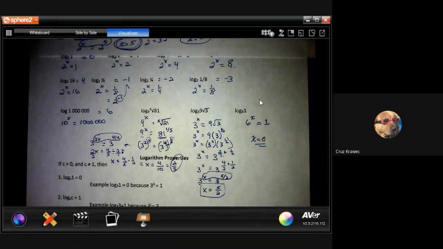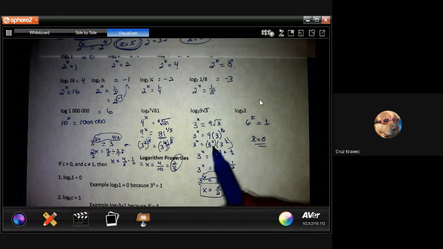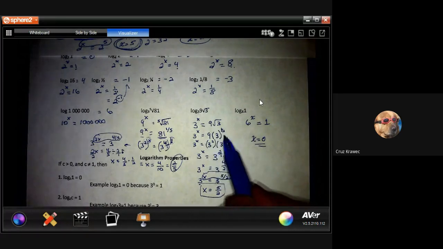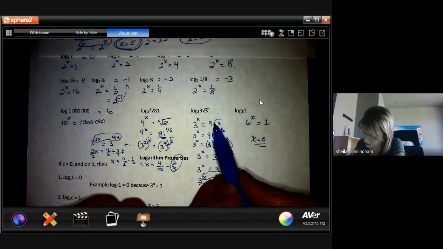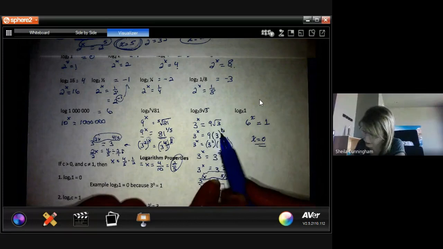I'm just a bit confused with the last one. You were able to determine the 9 in the brackets, with the 3 being squared because it was a square root. Because this is a square root, that's why I got the 1/2.